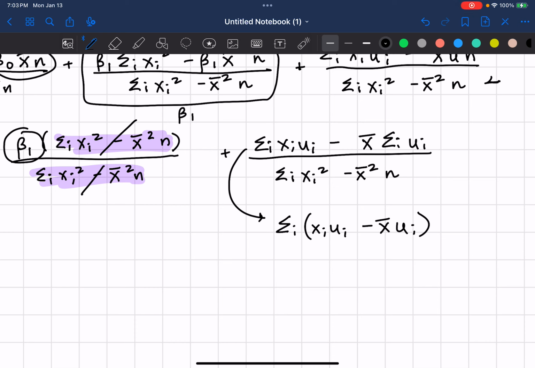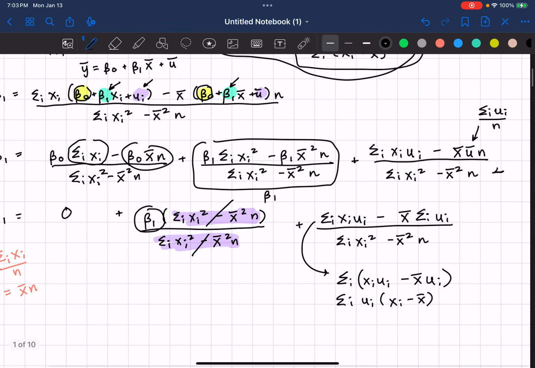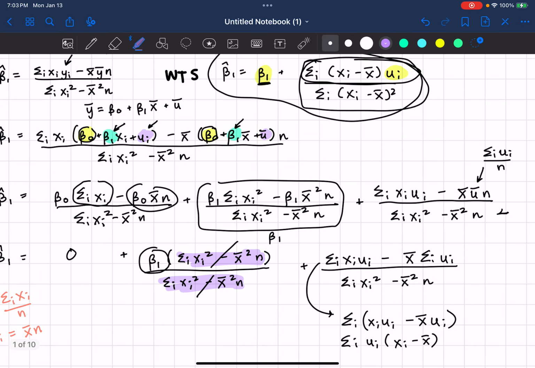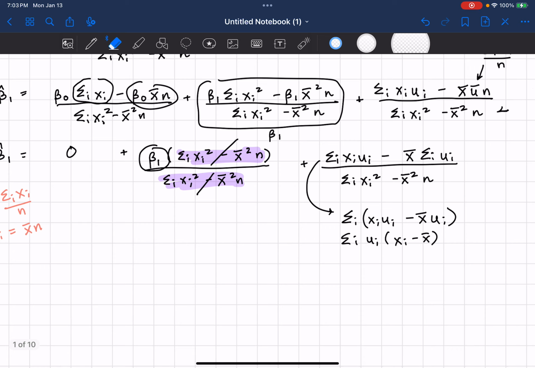And then I'll take ui out in front, xi minus x bar. And notice that is exactly what I wanted to show is equal. This and this. Okay, so that's our numerator.